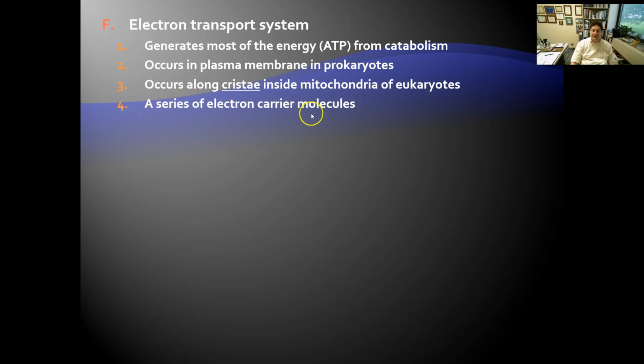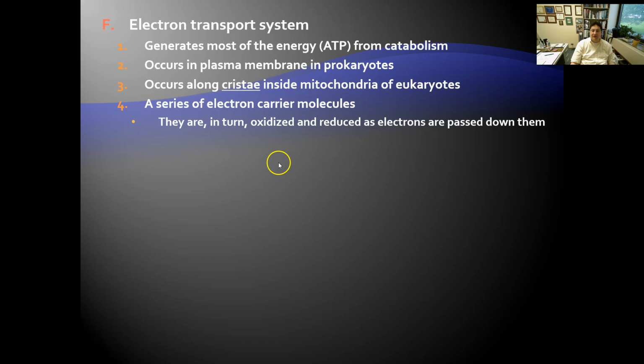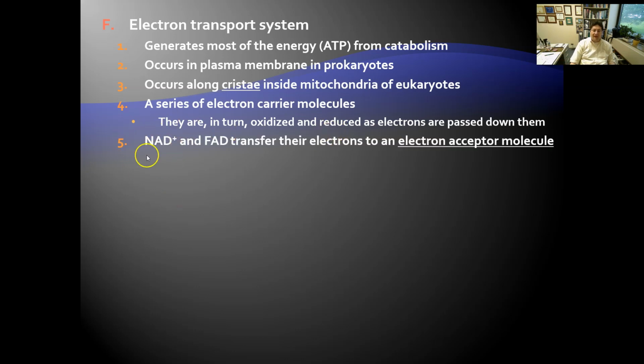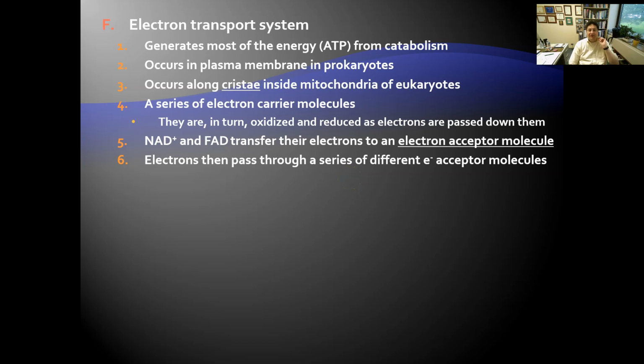Basically, it is a series of electron carrier molecules that are in turn oxidized and reduced as they get and then lose an electron. So, NAD and FAD are going to transfer their electrons to an electron acceptor molecule. Remember, everyone, in an electron transport system, when we hand off an electron, the electron's going to lose some of its energy.